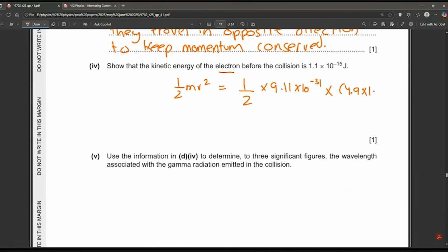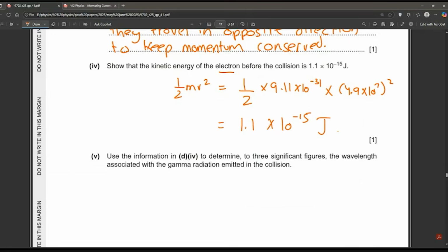Can you calculate the kinetic energy of the electron? हाँ जी, kinetic energy of the electron निकल आएगी 1.1 10 raised to the power of minus 15 joules. Easy peasy lemon squeezy. Okay.